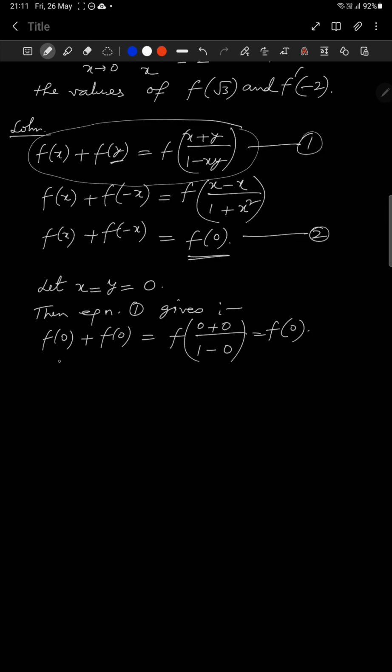So finally, solving this, we get 2f(0) - f(0) = 0, which is nothing but f(0) = 0.